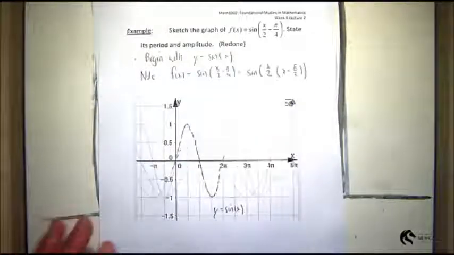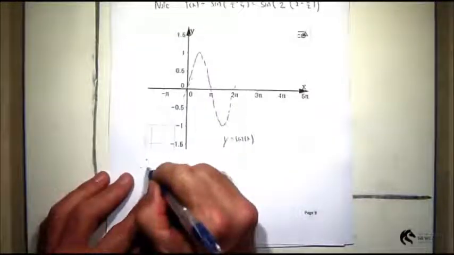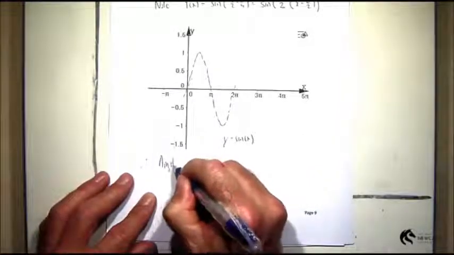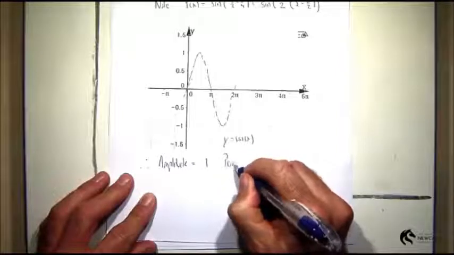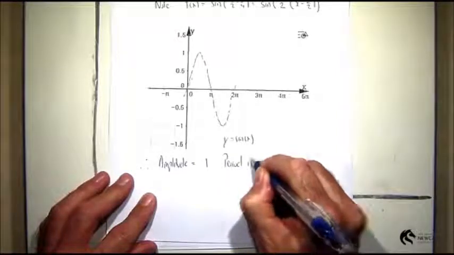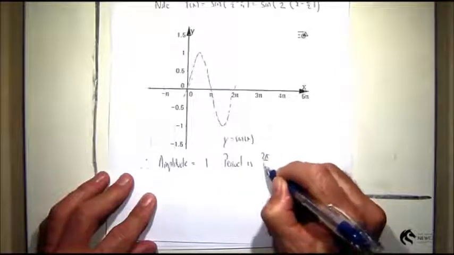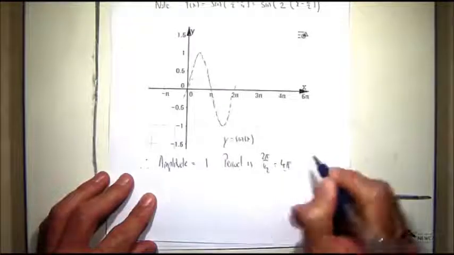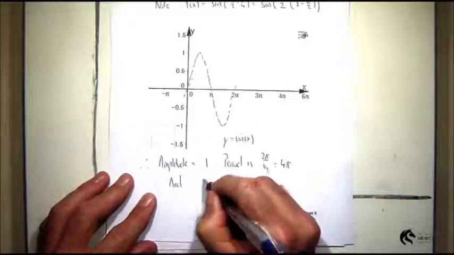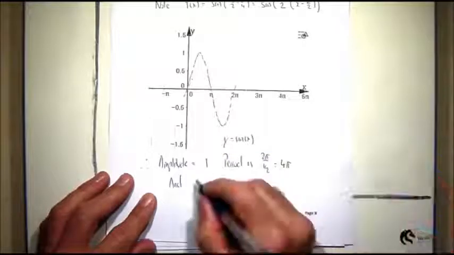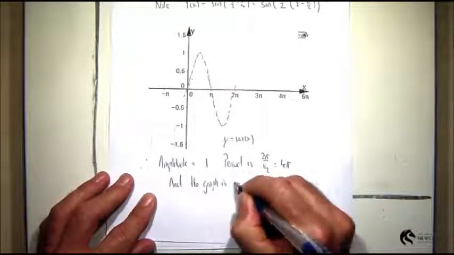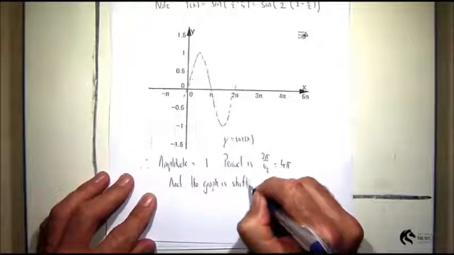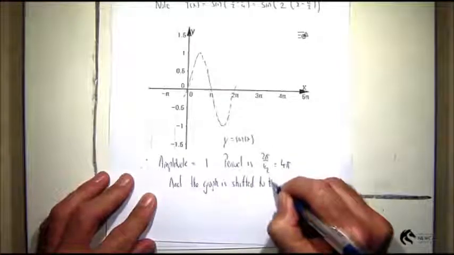So this says, therefore the amplitude is 1, the period is 2 pi on a half, which is 4 pi, and the graph is shifted to the right.